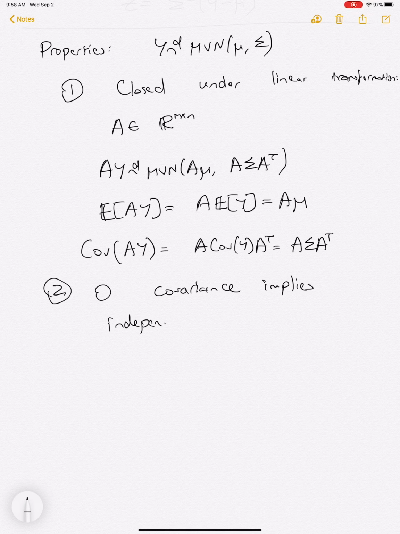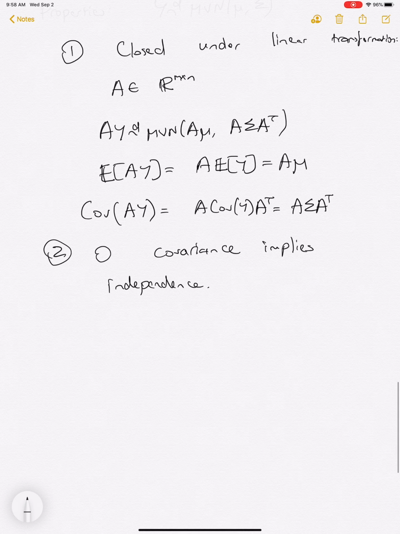Remember that the converse is obviously true for everything, but this direction, going from covariance 0 to independence, is generally not true. But for the multivariate normal, it is true. So what that means is that if sigma ij equals 0, then you can say that xi and xj are independent.